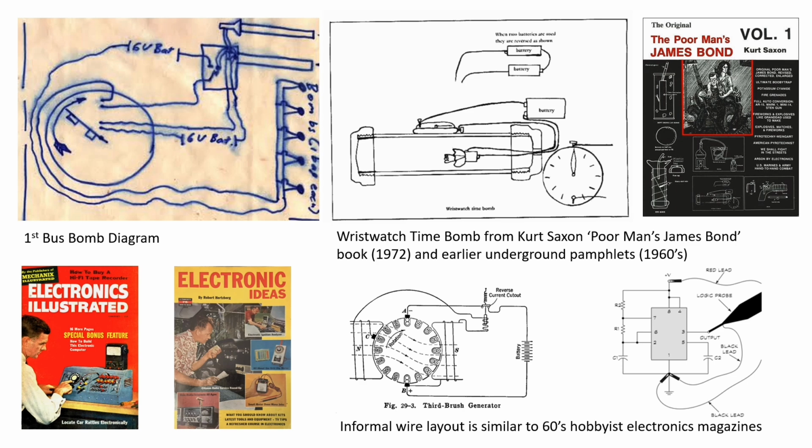It wasn't printed until 1972, which means that if Zodiac had access to this drawing, he probably found it from earlier underground pamphlets that Kurt Saxon was involved with in the 1960s. He had some adverts in the Berkeley Barb, but that was in the 70s. I haven't been able to find some of the pamphlets, but clearly they were produced earlier than 1972.